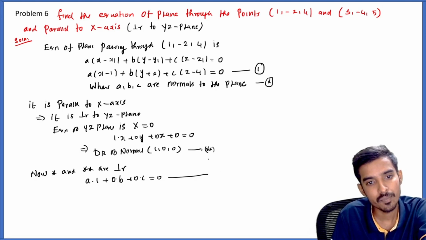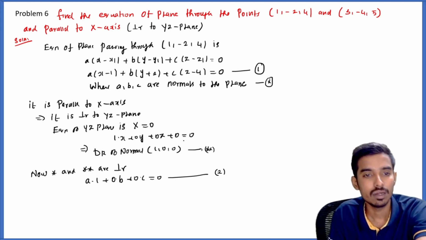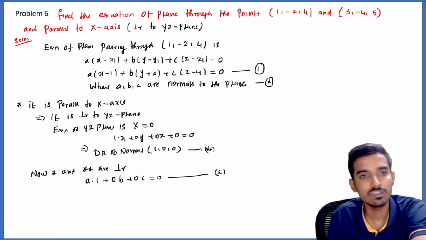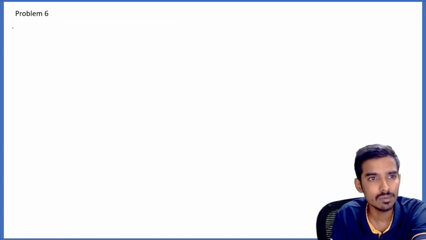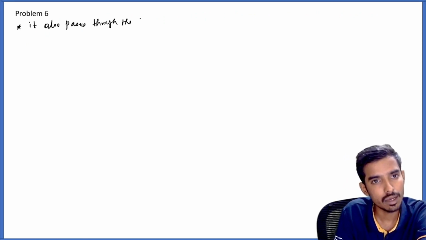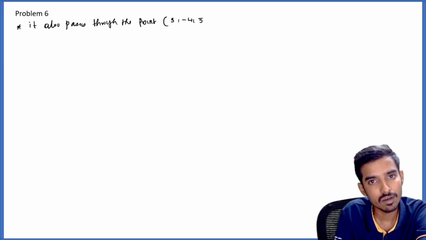Call this as 2, right? Now it is passing through 3, minus 4, 5. Actually we have solved a similar problem. It also passes through the point 3, minus 4, 5, right?